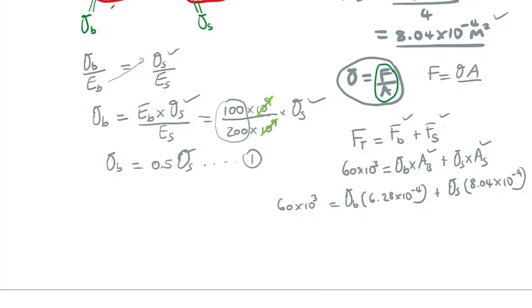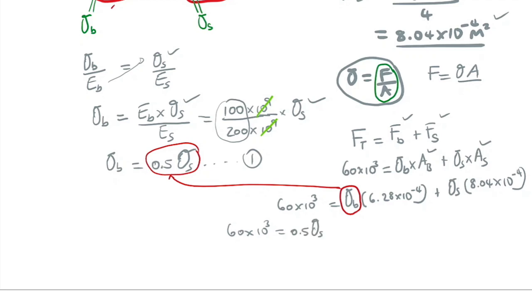This is our force. Instead of the stress for the brass we put 0.5 times the stress for the steel, then 6.28 times 10 to exponent negative 4, plus the stress for the steel times 8.04 times 10 to exponent negative 4, like this.